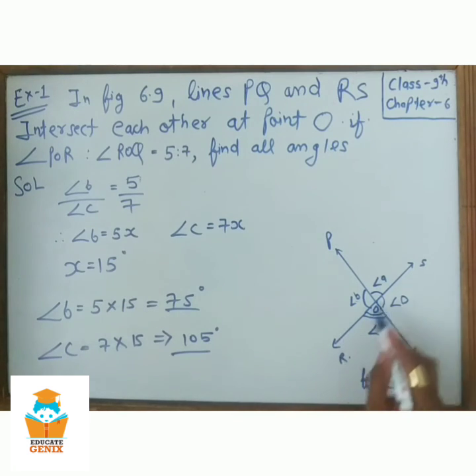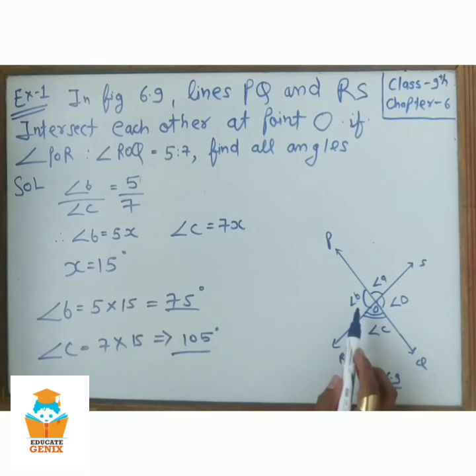As these two straight lines intersect at O, we can also say that angle B and angle D are opposite angles. Therefore they both are equal, and angle A and angle C are also equal through opposite angles. So let's see on the next page.